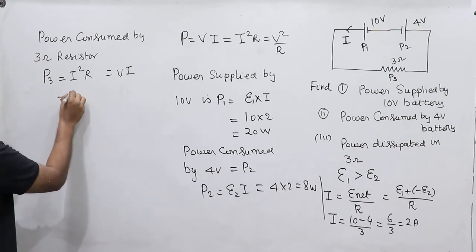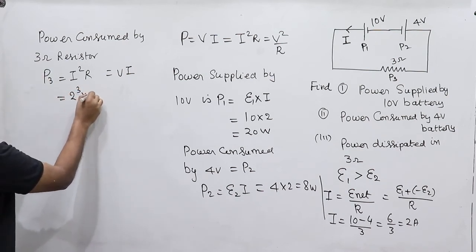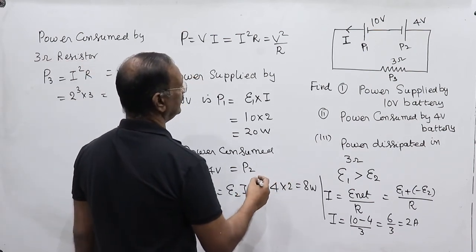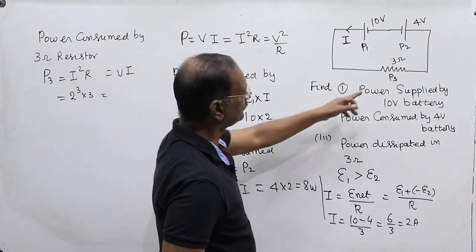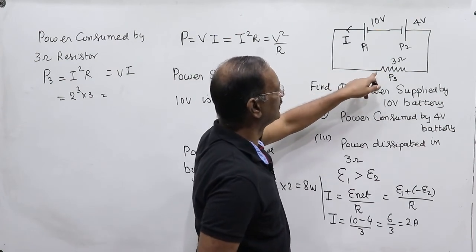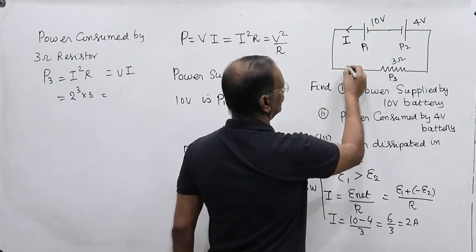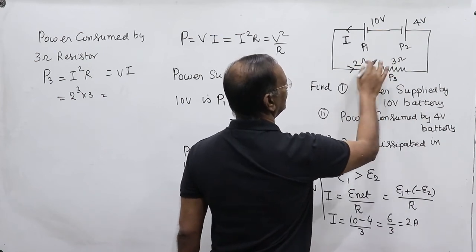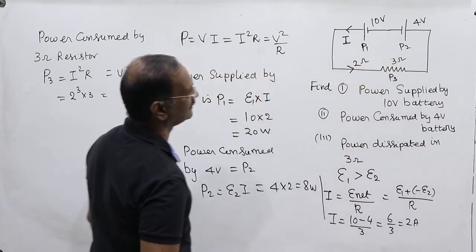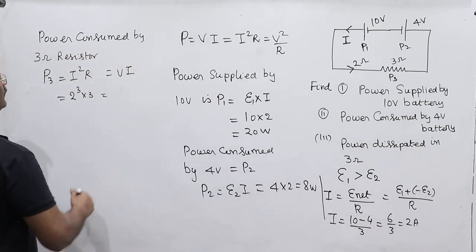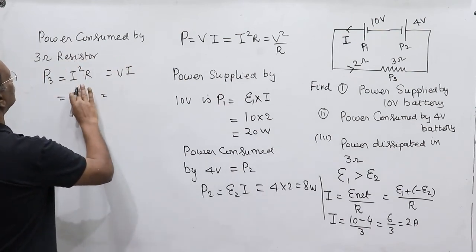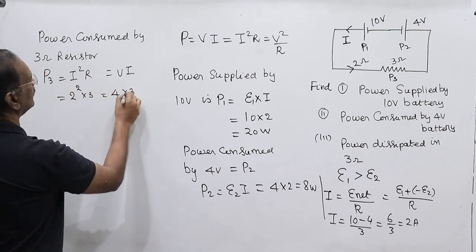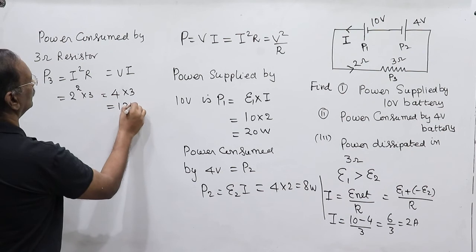I is equal to 2, so 2 square into R, 3. What is the voltage across it? Voltage across is I into R, which is 2 into 3, equal to 6 volt. V into I gives 12 watt. Or using I square, 4 into 3 is equal to 12 watt.